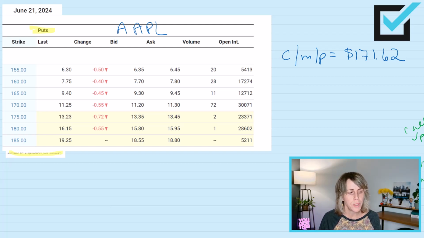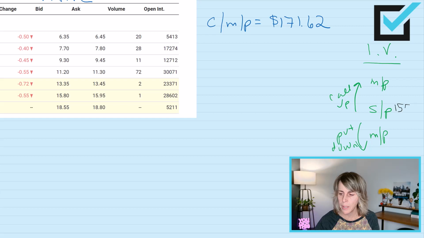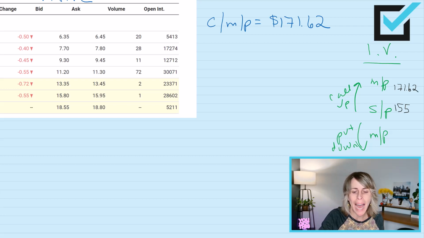So 155, if the strike price is 155 and the current market price is 171.62, can you exercise this put? You can only exercise a put when it has intrinsic value, and this put does not. This put is out of the money because the market price is above the strike.